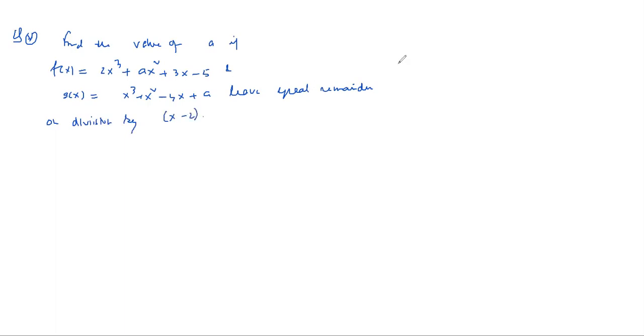So if you divide both the polynomials, this as well as this, by x minus 2 and the remainder is the same, in that case you have to find the value of a.